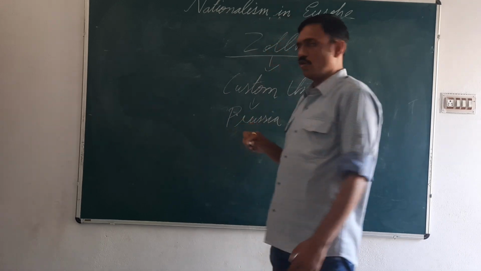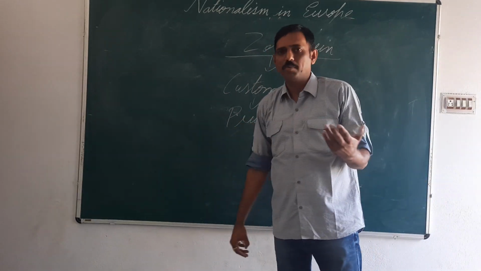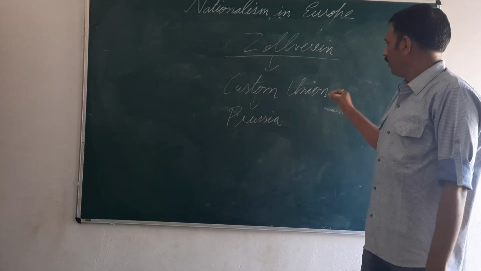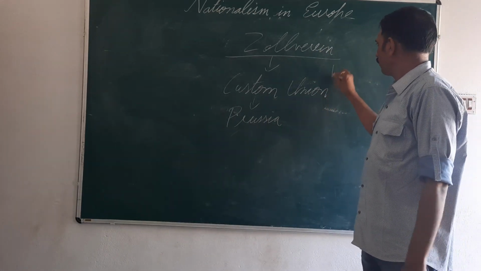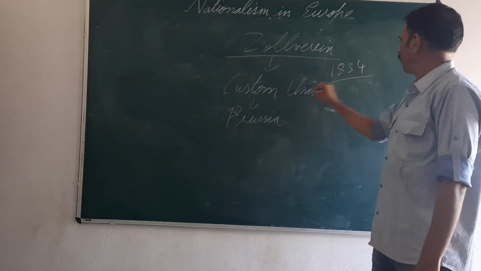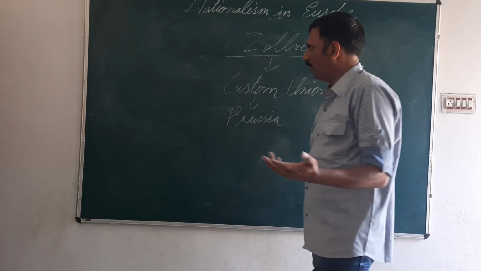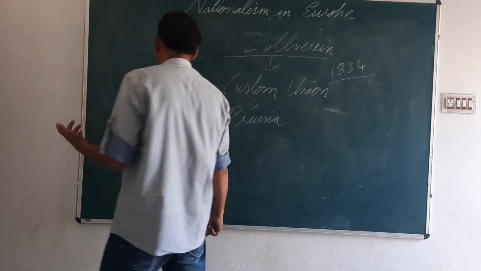Prussia means today's Germany. So on the initiative of Prussia, this customs union developed in 1834, and major things were done by it.